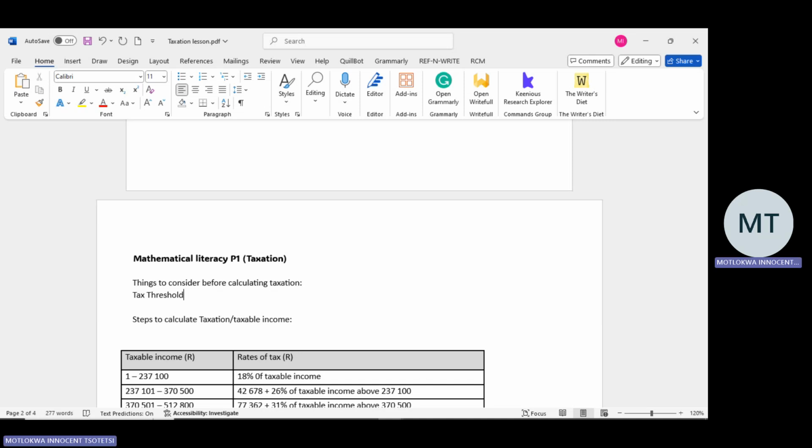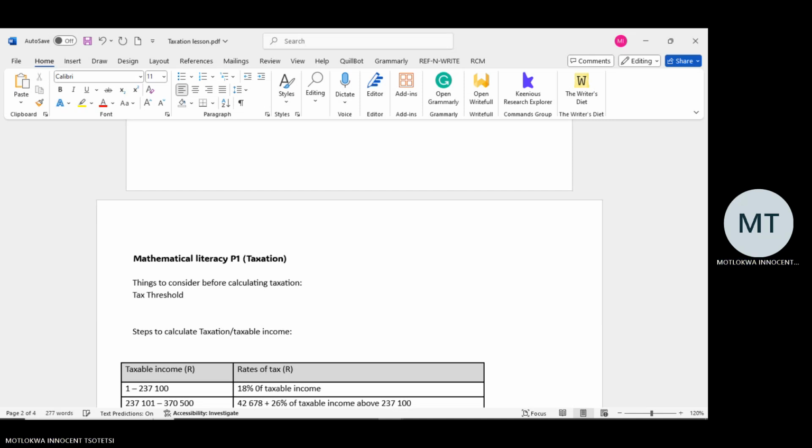We just check whether you qualify or not, and the tax threshold is checked each and every year, whether you qualify to pay tax or not. Then we have the second thing, called the tax bracket. I'll show you during our lesson how we identify the tax bracket when we are calculating.